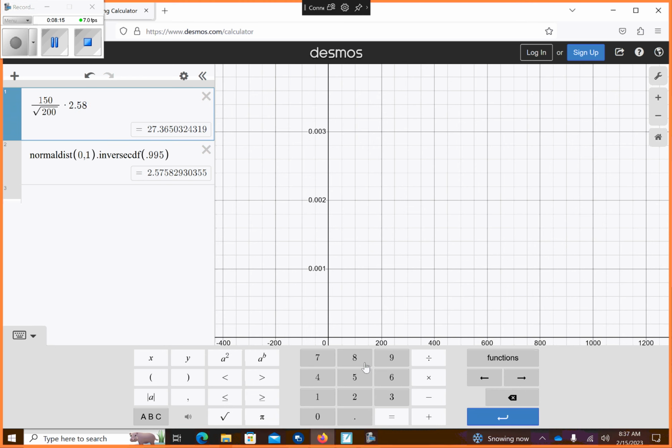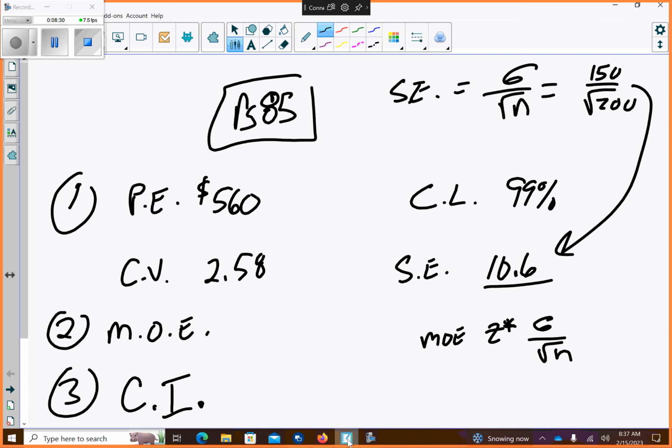That should work. So margin of error is going to be 27.37. There we go.